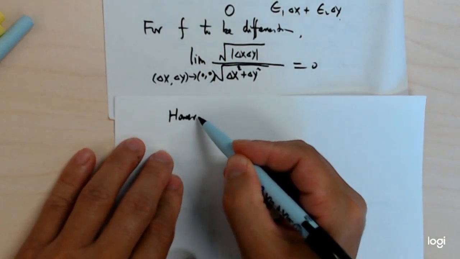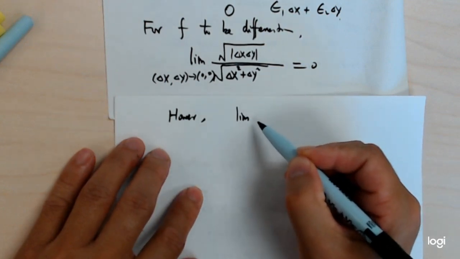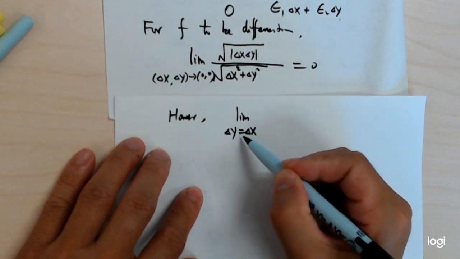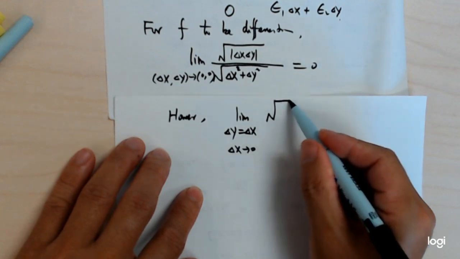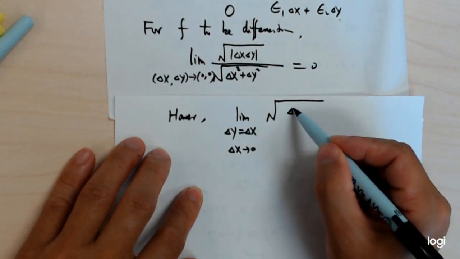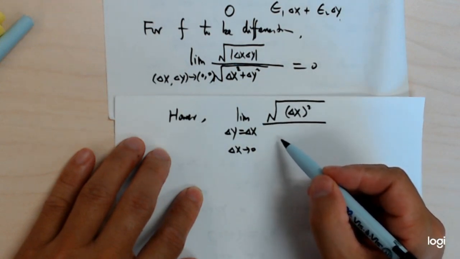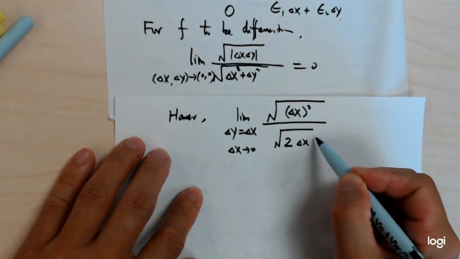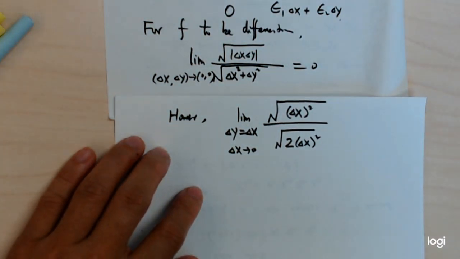I'm going to try the limit along one specific path. Once again, I will choose delta y to be the same as delta x, so I can just take delta x goes to 0. So you get delta x squared, and down here you have the square root of 2 delta x squared, which is clearly a constant.